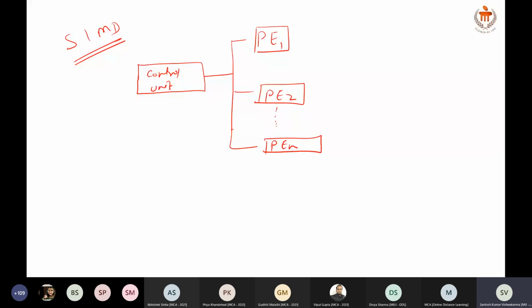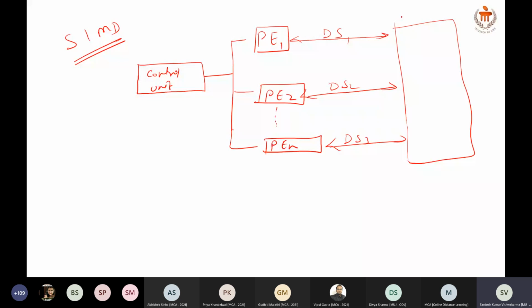The control unit manages and controls all the processors, all the processing elements, and there may be different data streams. We'll say DS1, DS2, DS3, and they may be connected to a memory segment. We simply write memory, and every memory may have its module, memory module 1, which belongs to processing element 1.